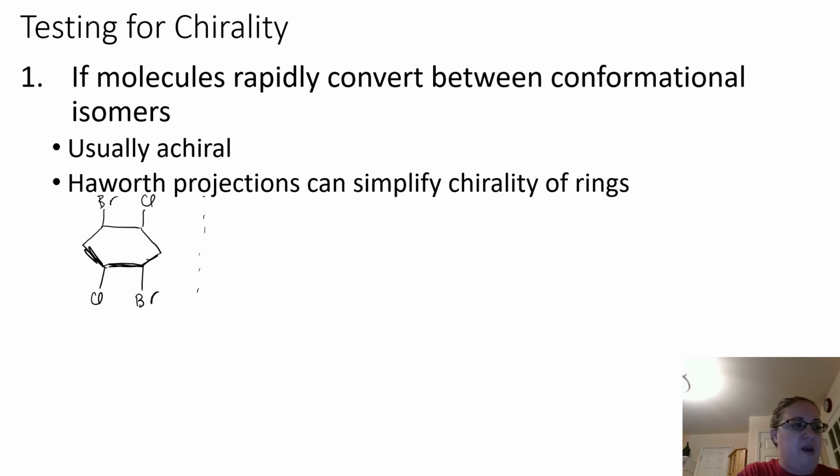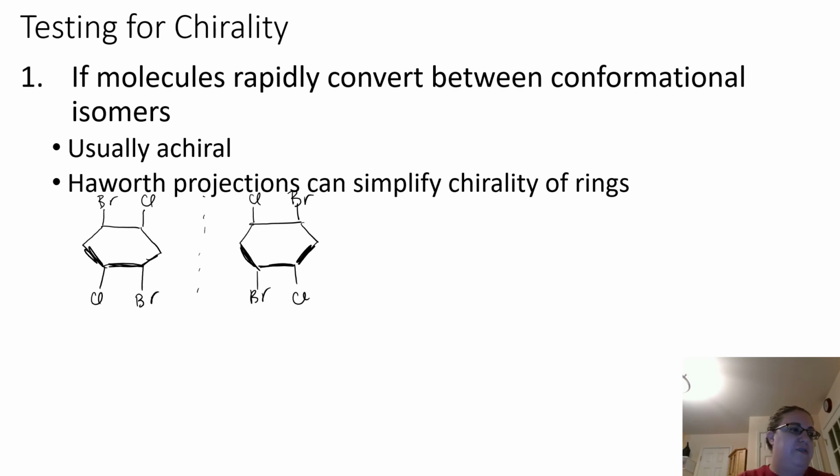So then when I get ready to look at the mirror image of this structure, sometimes this is a little bit easier to see the flipping because we don't have to flip it quite as much.